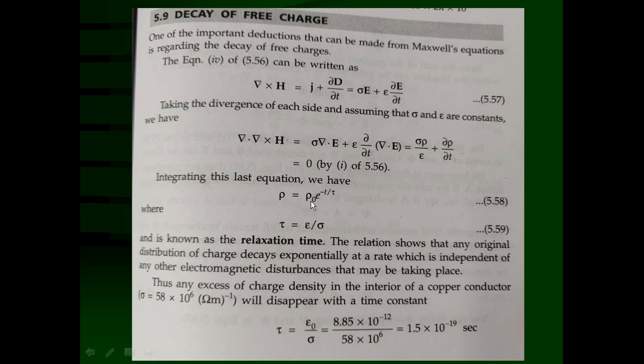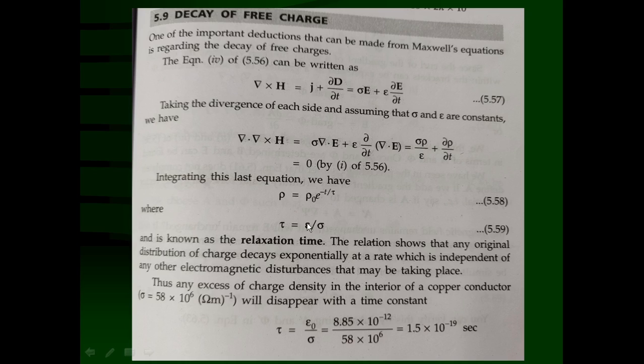Rho 0 is the volume charge density at t is equal to 0, the initial charge density, which is decaying. Here tau is known as the relaxation time, and tau is equal to epsilon upon sigma.